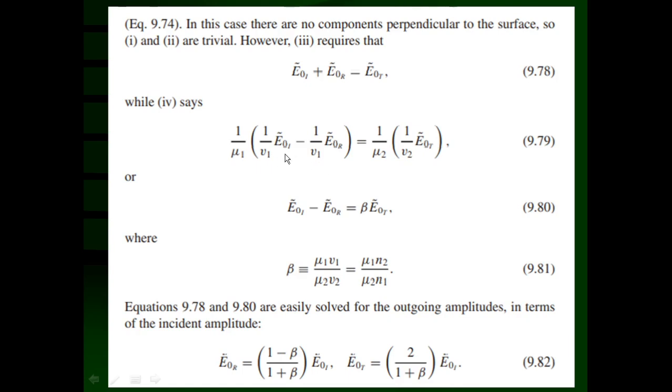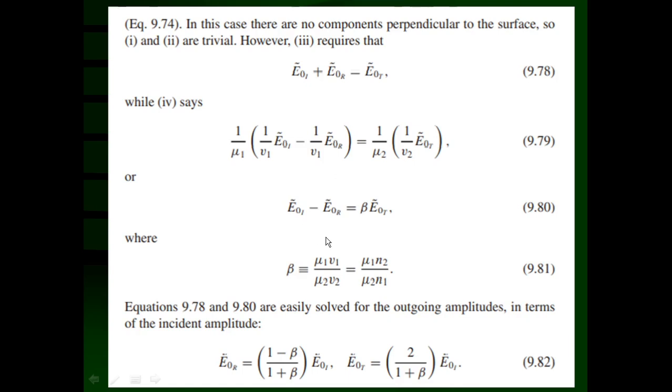So V1 is going to be common, taken outside, that means E0I minus E0R is equal to mu1 V1 upon mu2 V2, with V1 taken on the right hand side, times E0T.